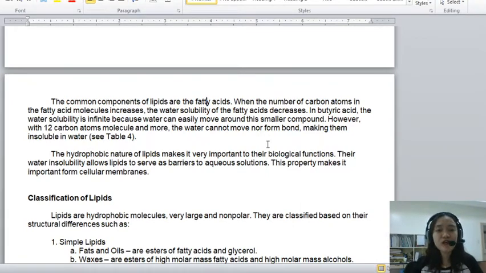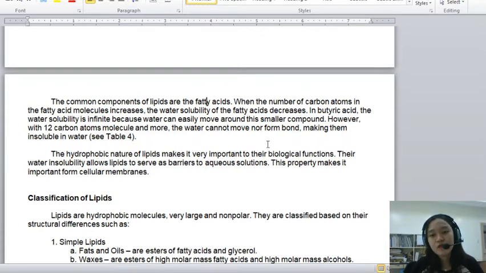Their water insolubility allows lipids to serve as barriers to aqueous solutions. This property makes them an important component of the cellular membrane. Again, for your cells, it is not advisable for many water molecules to enter the cellular membrane.